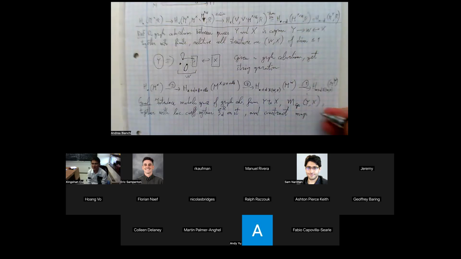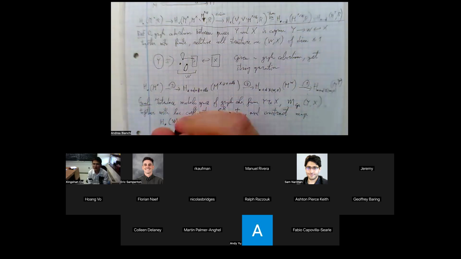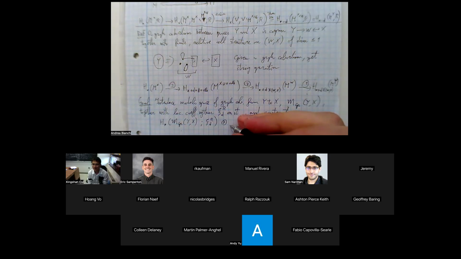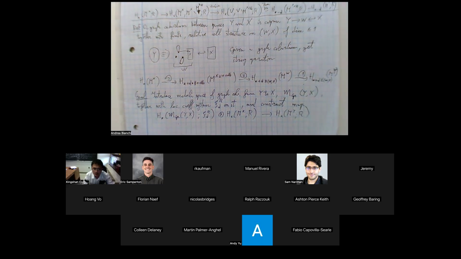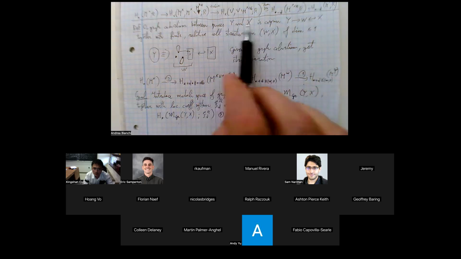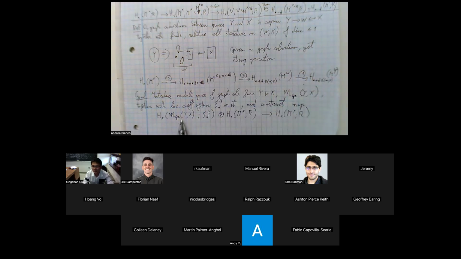So a map from the homology of MGR YX twisted in this local coefficient system, tensor the homology of M to the X, to the homology of M to the Y. Okay, and the more interesting we get this space to be, for example, not a set of graph cobordisms, the better this map would be. The more information we can expect it to capture.